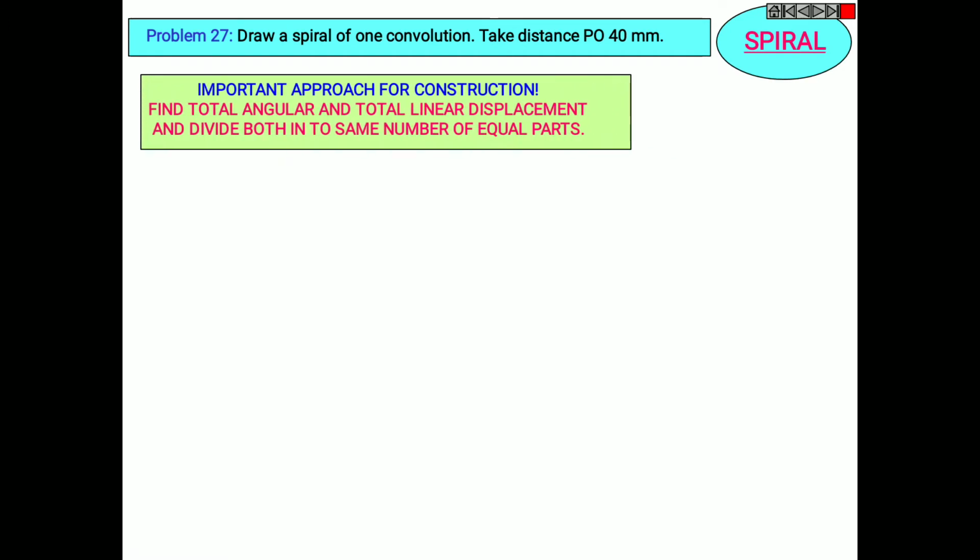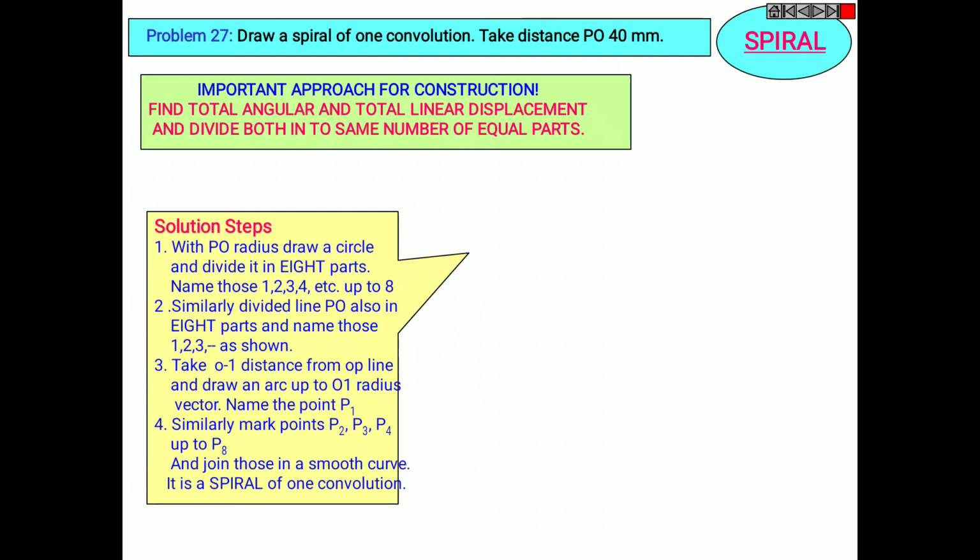The important approach for construction is to find the total angular and total linear displacement and divide both into the same number of equal parts.